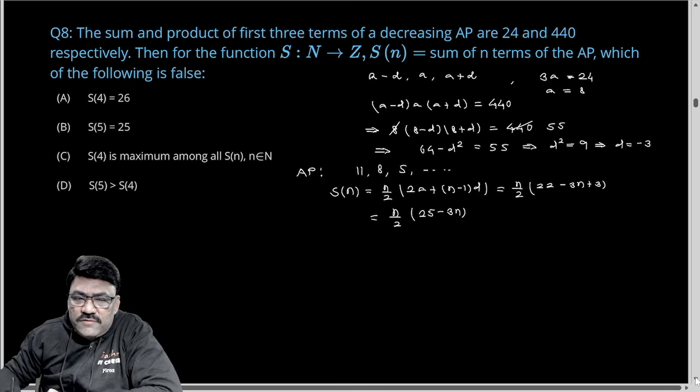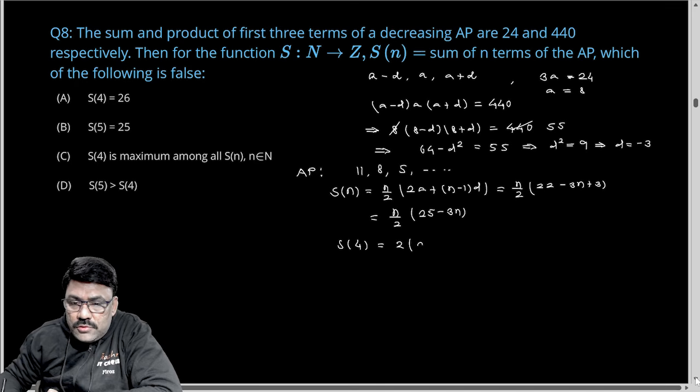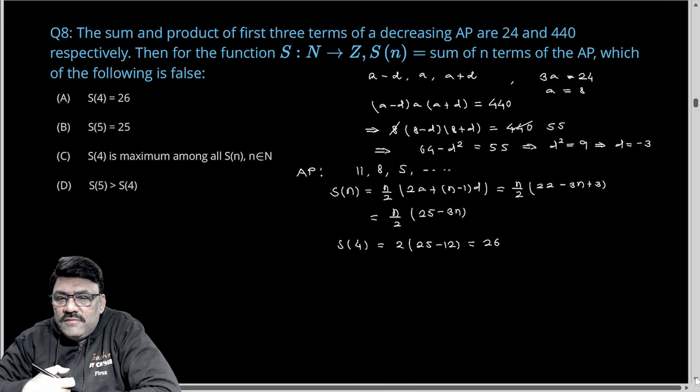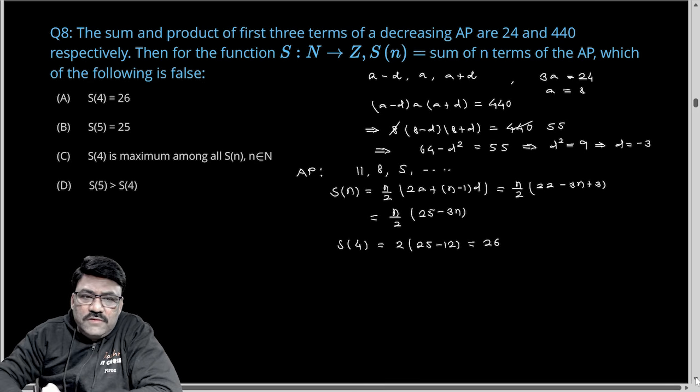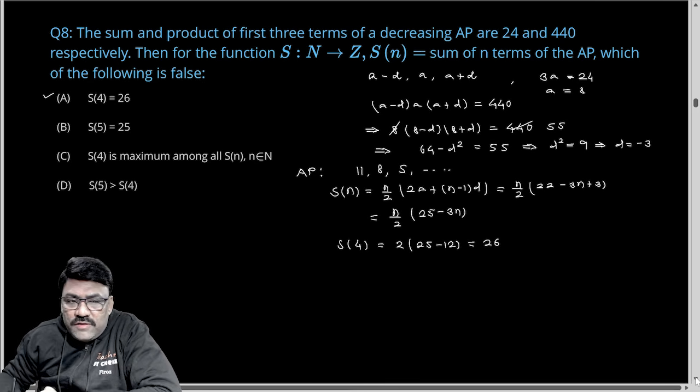Now let's check S4. S4 is 4 by 2, which is 2, into (25 minus 12), so it is 26. Means A option is correct here. Now S5.